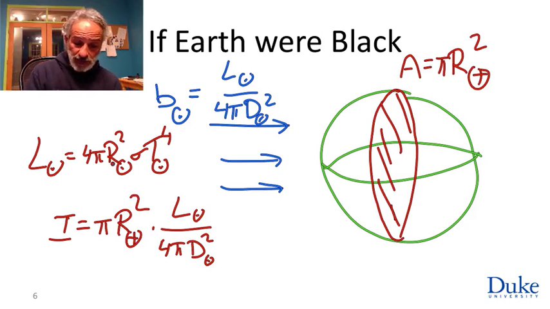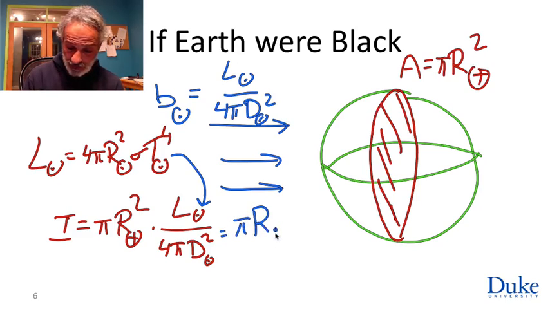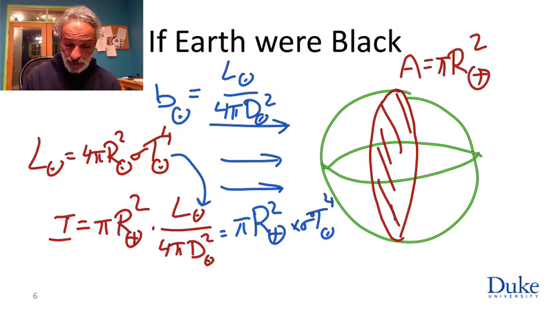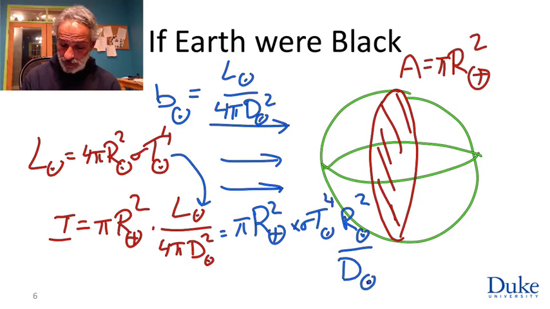So I can plug this into that, and when I put this expression in, I get pi times the radius of Earth squared, times, with the 4 pi's canceling all over the place, sigma, the fourth power of the solar temperature, and then the radius of the Sun squared divided by the distance to the Sun squared.